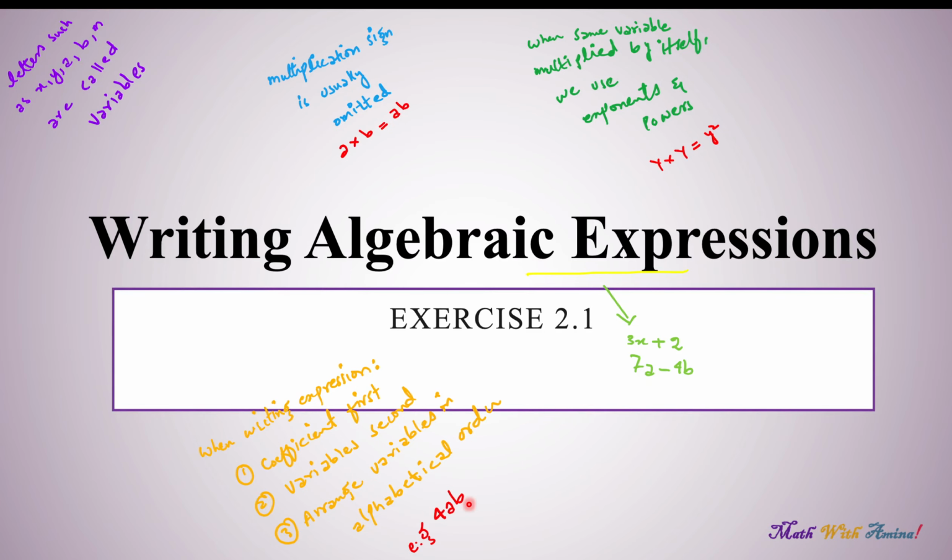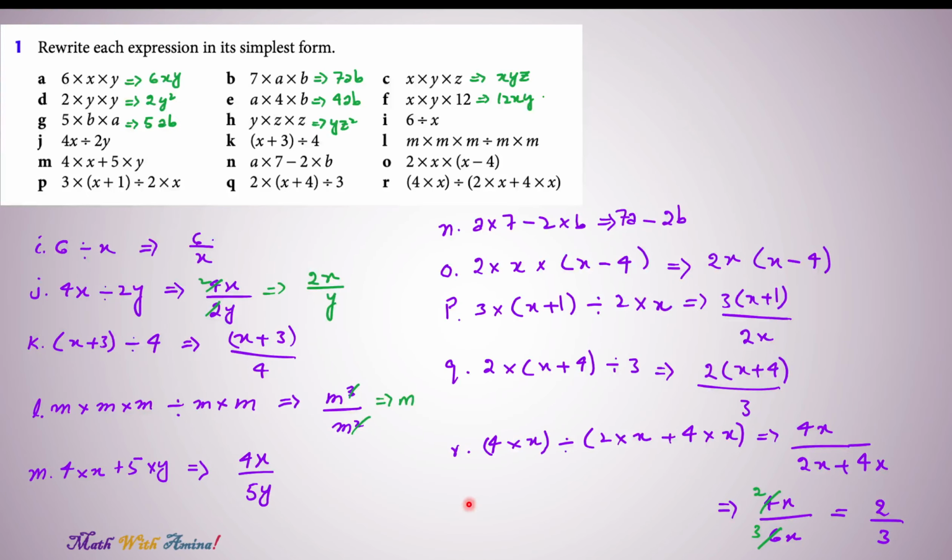So let's dive into the first question of the exercise, which asks us to rewrite each expression in its simplest form. Simplifying, as I mentioned earlier, means to rewrite an expression in its cleanest and most compact form possible without changing its value.